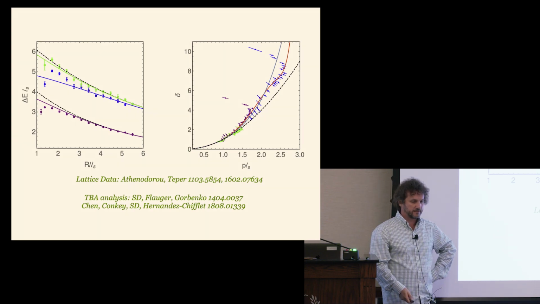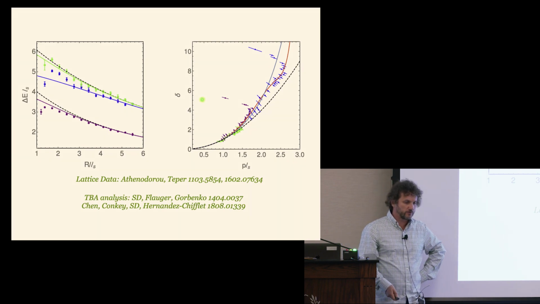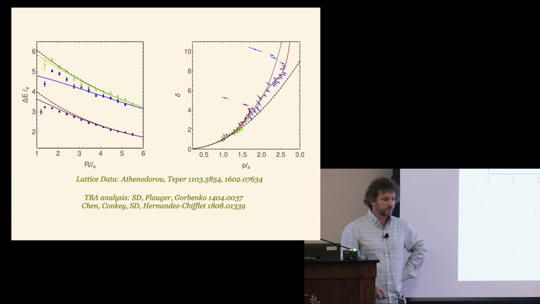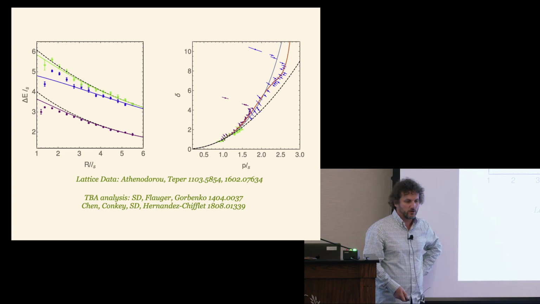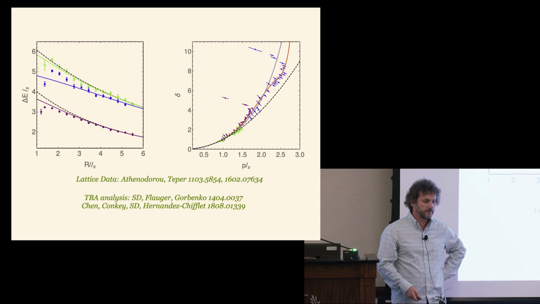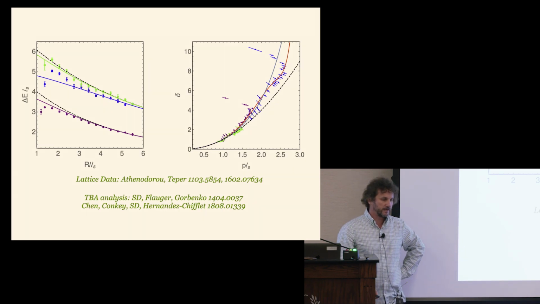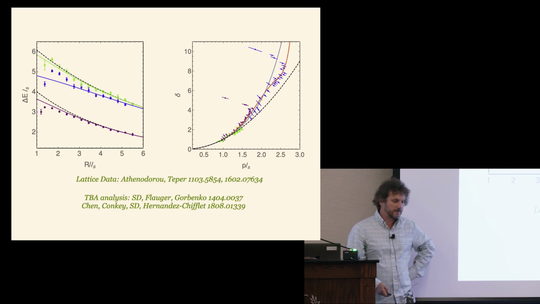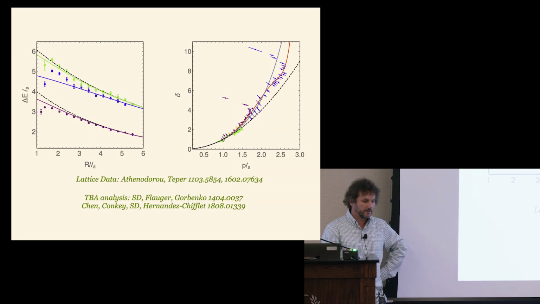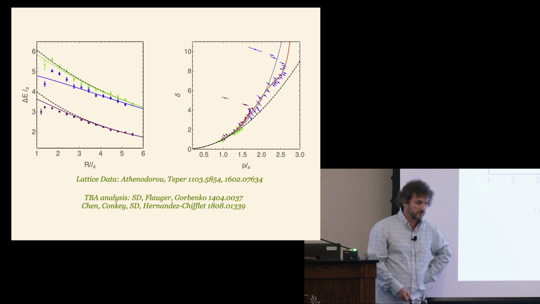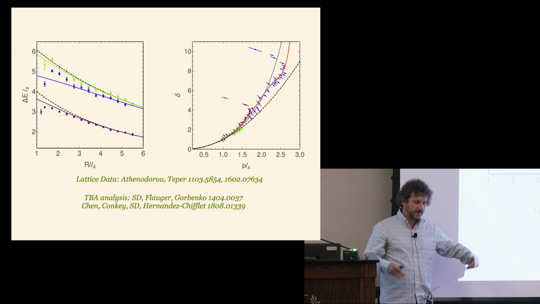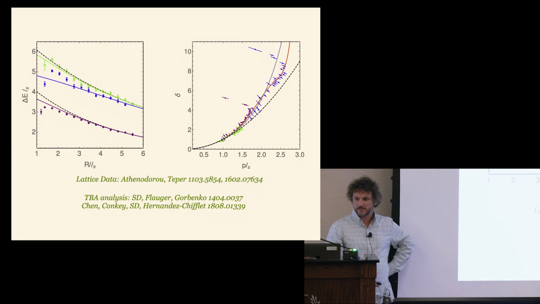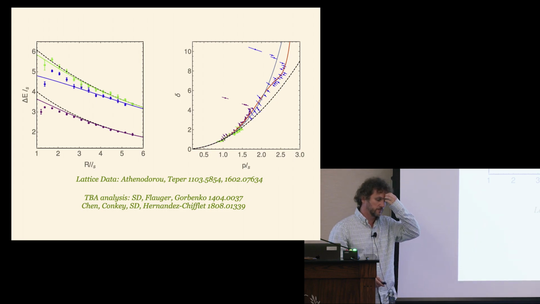And the right-hand side is a scattering phase shift extracted essentially using Lüscher formulas from this data, and one finds that there is a growing phase shift, but there is no sign of any massive resonance up to pretty high values of the momenta on the worldsheet. So it looks like the only degree of freedom present there is this massless boson, which corresponds to the translational mode on the string.